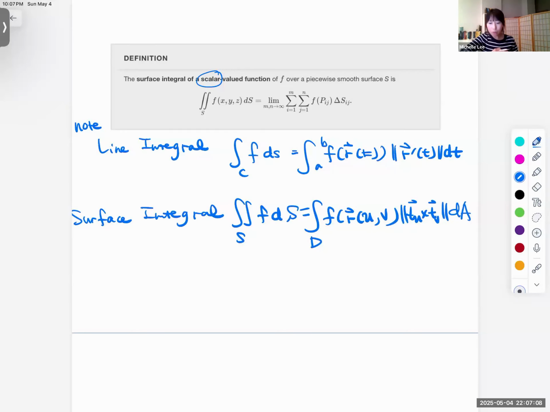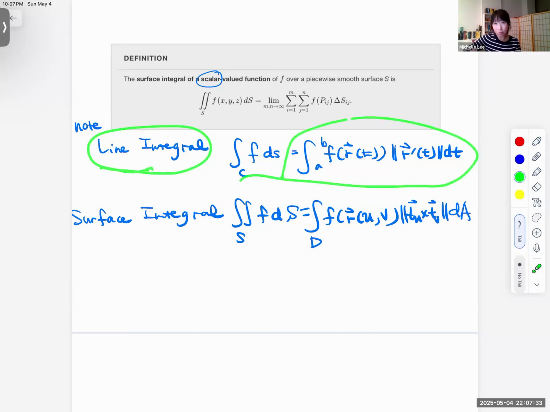So we introduced in the beginning that the surface integral has two types. One is for a scalar valued function, and the other is for a vector valued function. So let's take a look at the formula. I want to introduce the line integral for the scalar valued function, which is familiar to you.